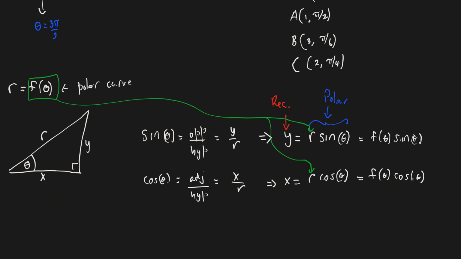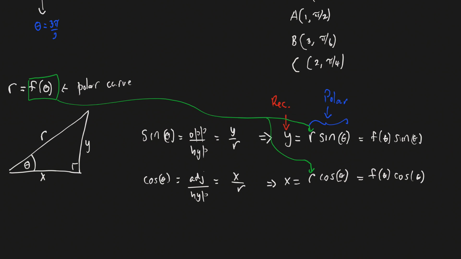Okay, so let's think about this. Now I have written y as a function of theta and x as a separate equation, also as a function of theta. That sounds a lot like what we just did with the parametric curves.